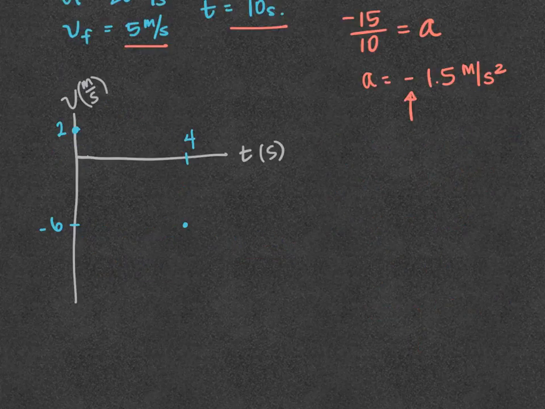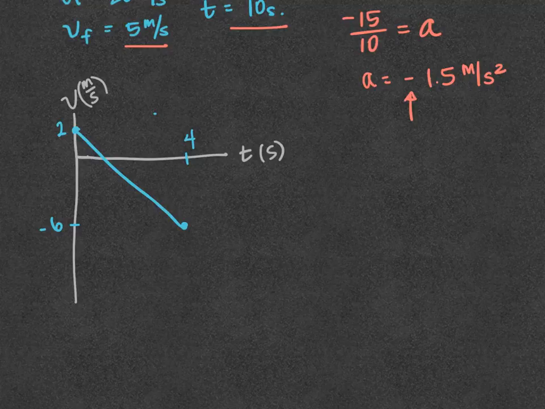Let's look at another case where our initial velocity is 2 meters per second, but our final velocity is negative 6 meters per second. And the object has this negative 6 meters per second velocity at 4 seconds. So just to show a graph of the motion, we would have a line like that.